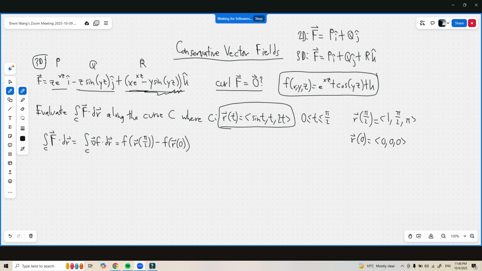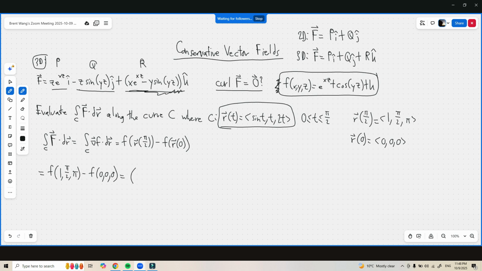So this is equal to f of 1, pi over 2, and pi minus f of 0, 0, 0. Okay, so we have our f of x, y, z, our scalar function right here, that we can just plug x, y, and z into.